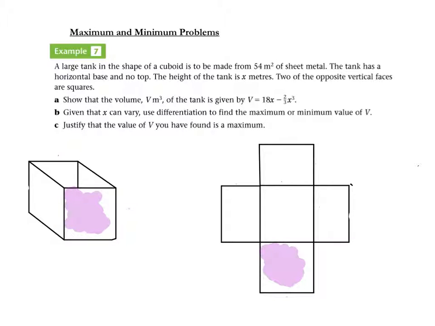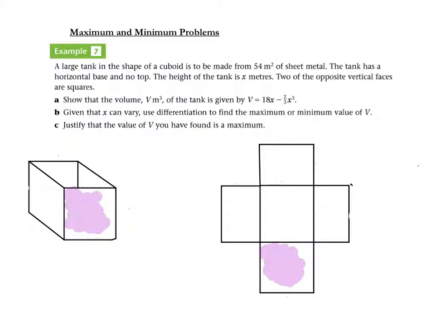So in this example here, we've got a large tank in the shape of a cuboid, and it's made from 54 metres squared of sheet metal. The tank has a horizontal base and no top. The height of the tank is x metres. 2 of the opposite vertical faces are squares.